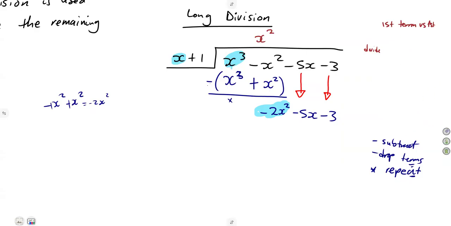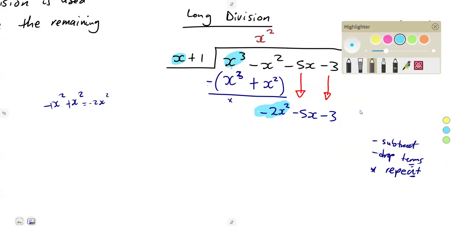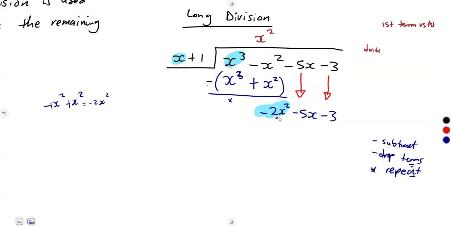So this is what you're going to have. Divide: first term to the first term. Minus 2x squared to the first term here, which is x. So this one and this one are going to cancel and you remain with one x. So that's minus 2x. Only one is going to remain. So minus 2x is what you're going to have. You write it on top. Whatever you obtain here, when you multiply, you must multiply everything.